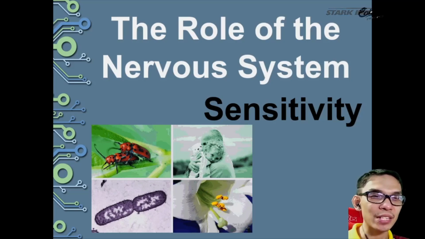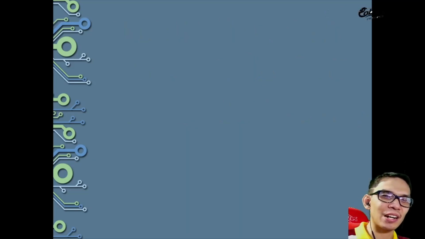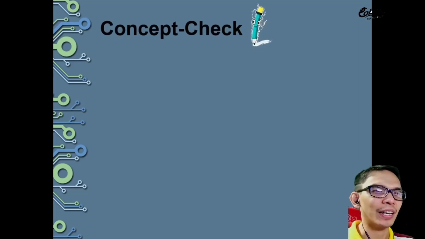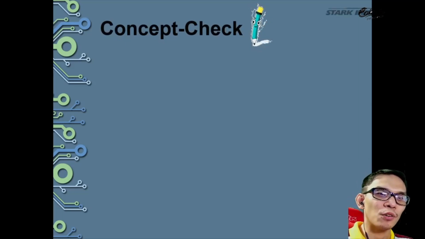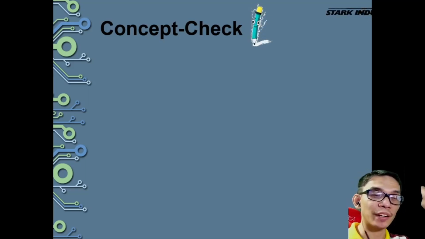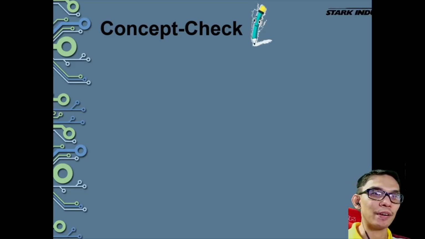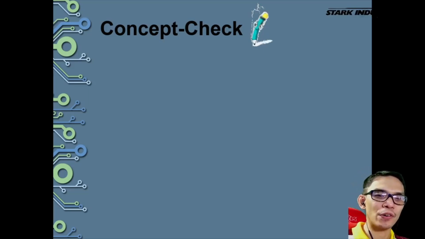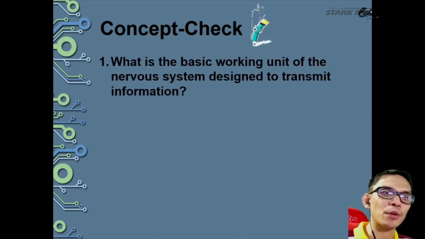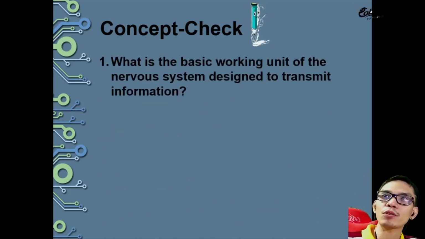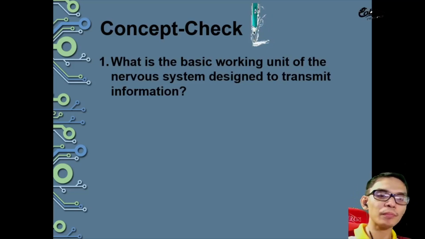Now, let me see if you understand the things that I have discussed here in our video lesson. So let's go to our concept check. You can pause the video, and while the video is paused, you can read and select the answer based on the question. Let's start with number 1. What is the basic working unit of the nervous system designed to transmit information?